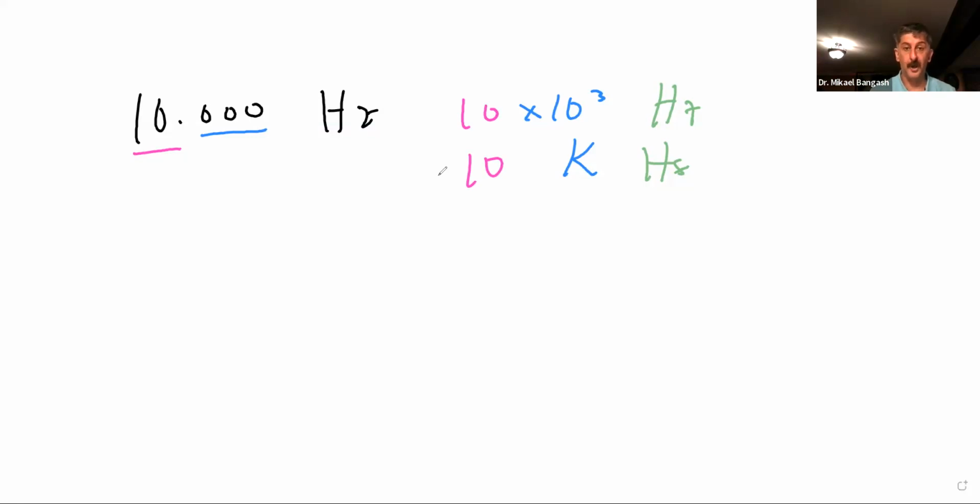Clear. You can further simplify this one here and make it 10 raised to the power 1 plus 3, and then hertz.